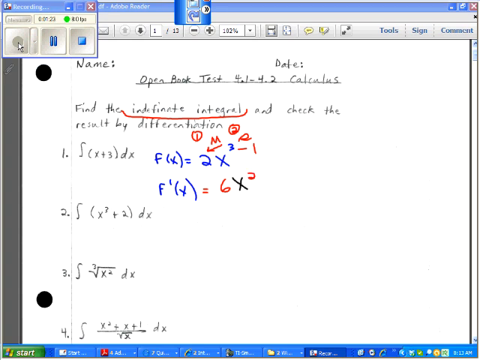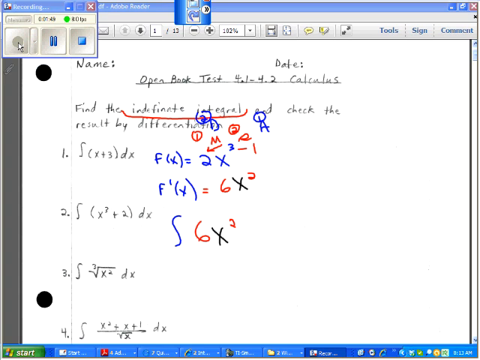Well, integration then would have to be opposite, right? So if we did the integral of 6x squared, then we would do the opposite of subtraction, which is to add first, and then the opposite of multiplication, which is to divide second.